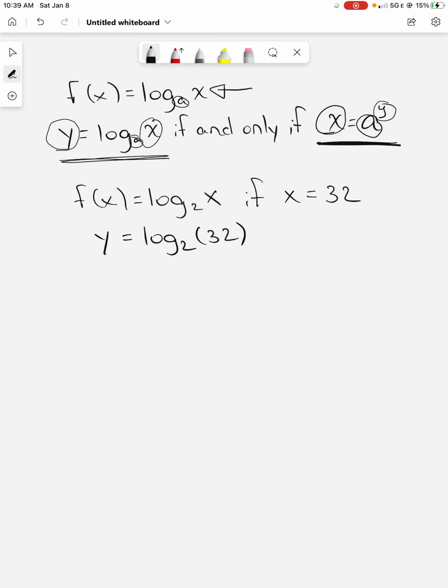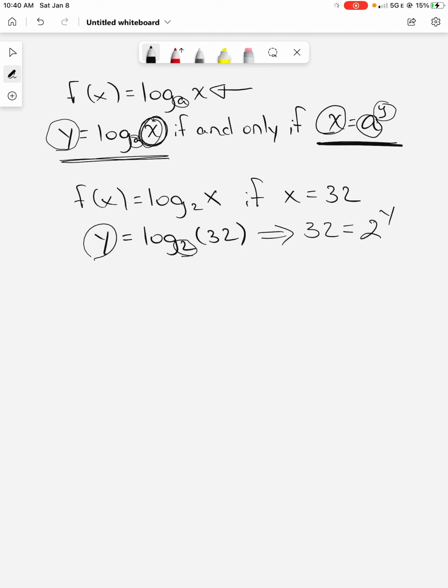Then we use the definition to rewrite this equation. x is what you're taking the log of, so our 32 is the answer. The base a is the base here, that's 2, and then it's raised to the y power.